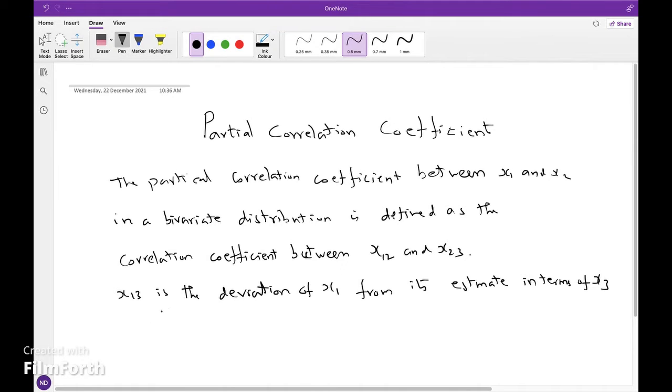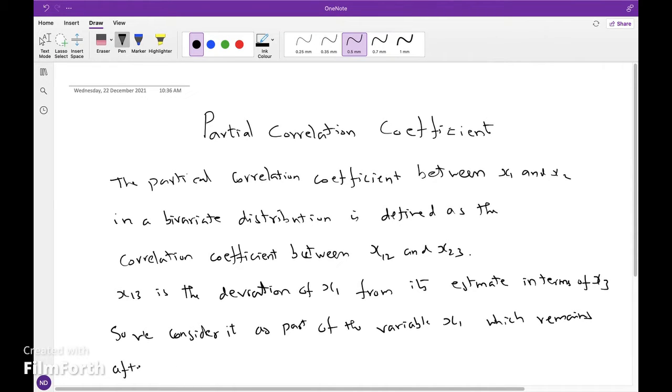So we consider it as a part of the variable x1, which remains after eliminating the effects of x3.